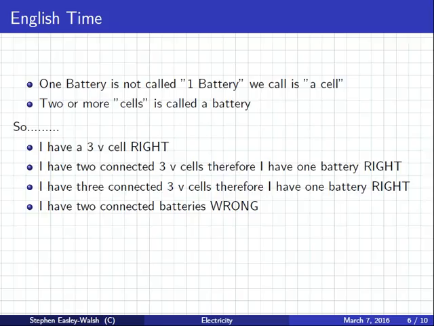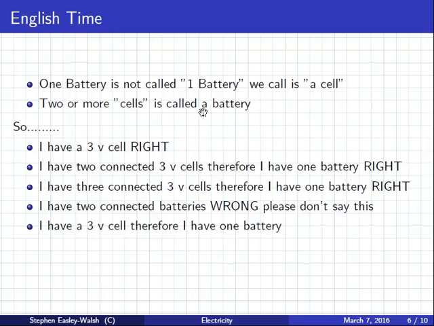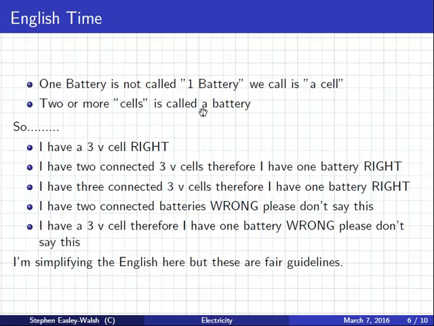So it's an unfortunate use of English that what you call a battery in a shop is not what I mean here. So please don't say, I have a 3 volt cell, therefore I have one battery. This is wrong. If you have only one cell, you have only one cell, you don't have a battery. I'm simplifying the English rules here, but it's good enough for us.